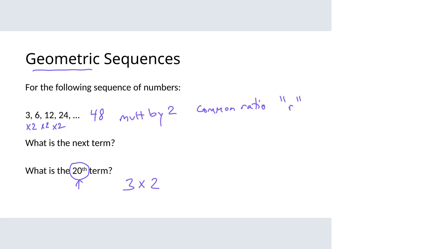Now I could do 2, 3, 4, 5, 6, but that's pretty clumsy. Instead, what we're going to do is just use an exponent. So I need to multiply by 2 19 times, and that needs to be multiplied by 3. This is going to be a pretty big number. 2 to the 19th, well, it's not as big as I thought, is 524,288.